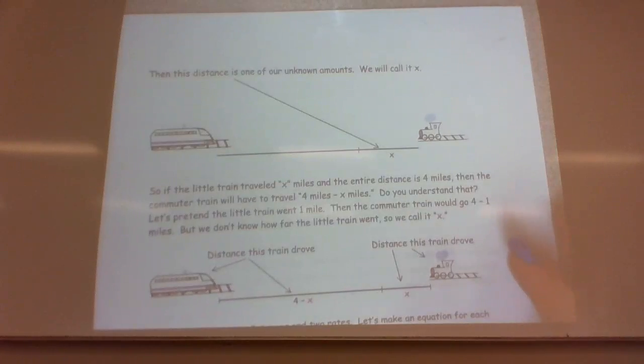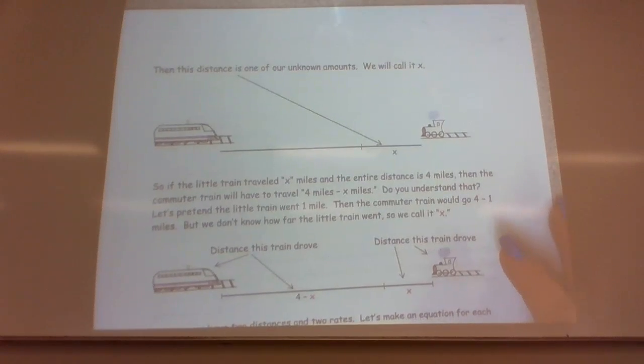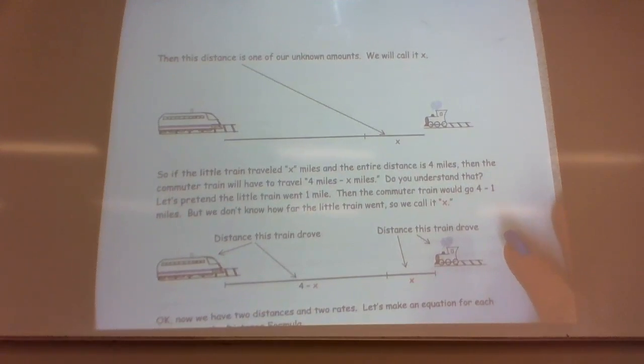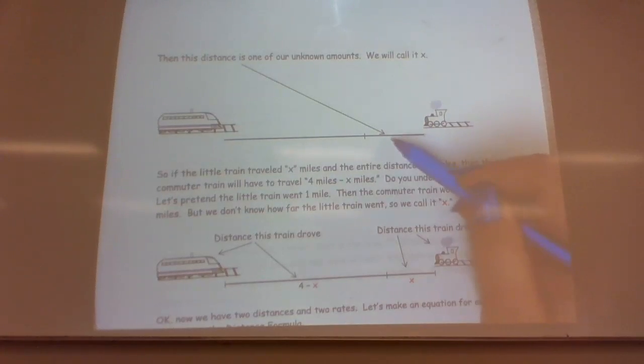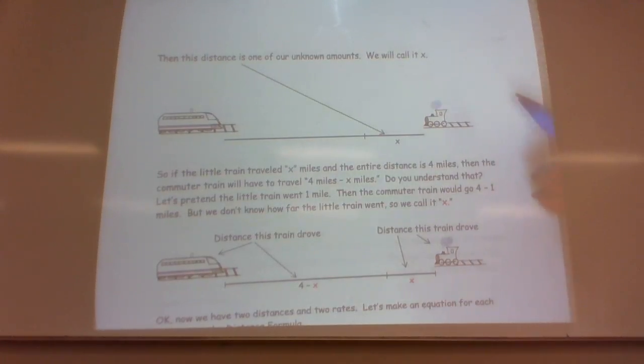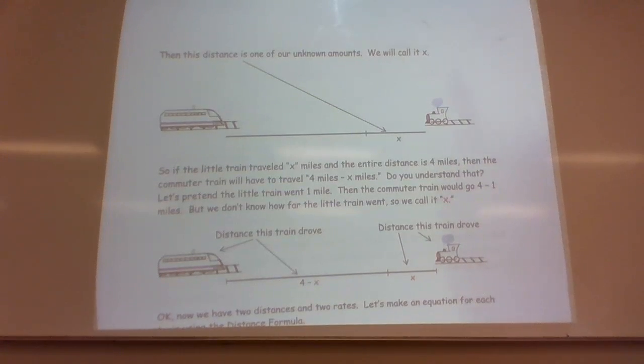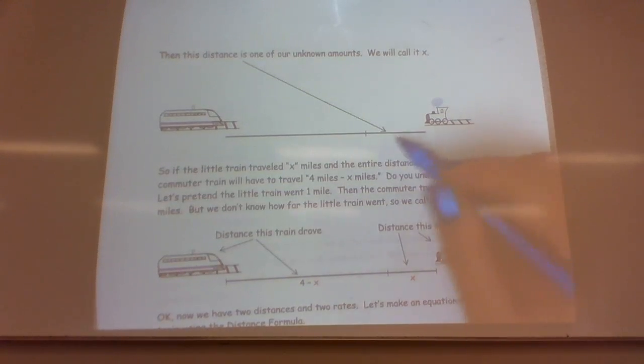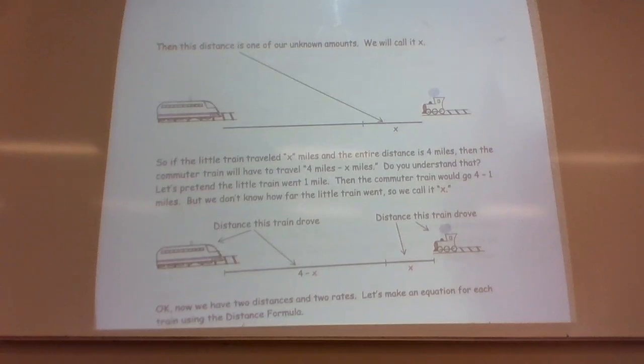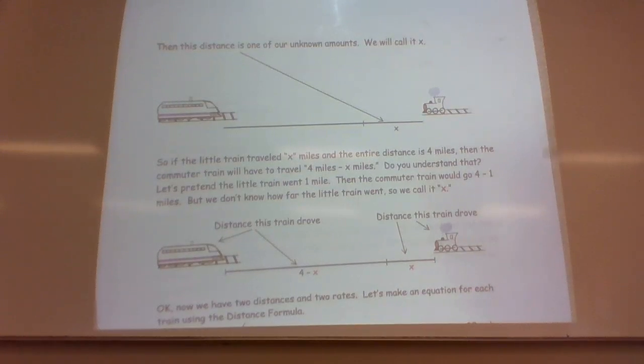And I'm going to go to page 24. So for this distance, as always, we are going to use a variable for our unknown amount. If the little train traveled X miles, and the entire distance is 4 miles, then the commuter train will have to travel 4 miles minus X miles.